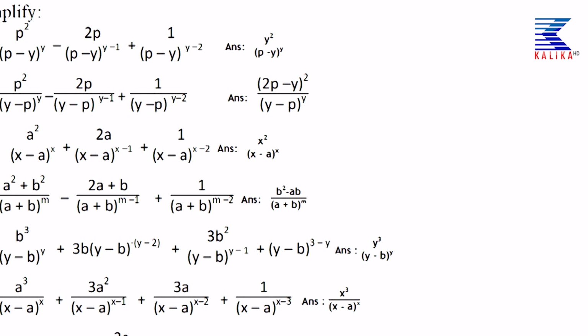Now, model number 5, question number 1. (p square by (p minus y))^(y minus 2p) upon (p minus y)^(y minus 1) plus 1 upon (p minus y)^(y minus 2).